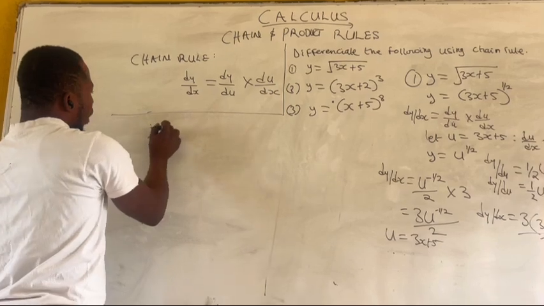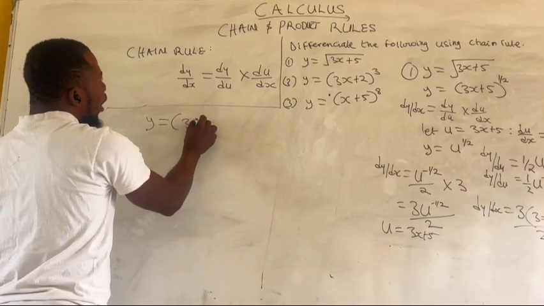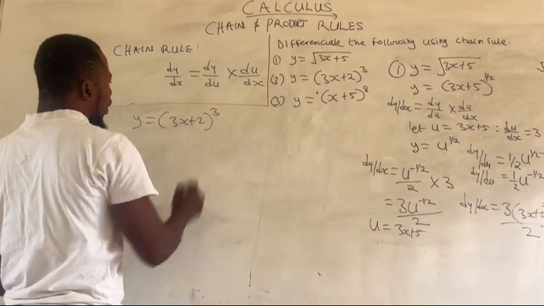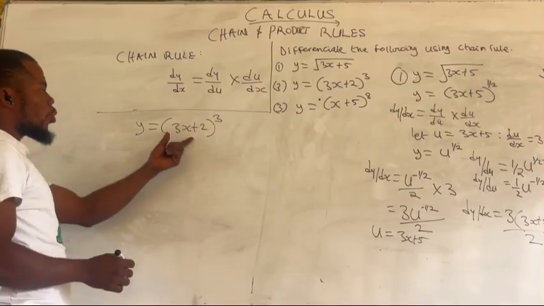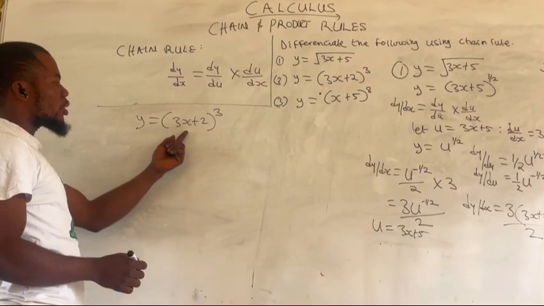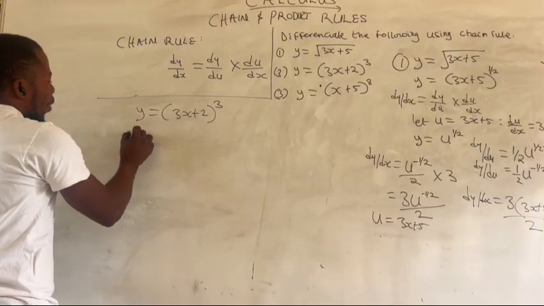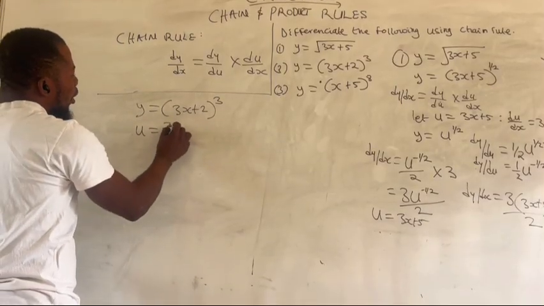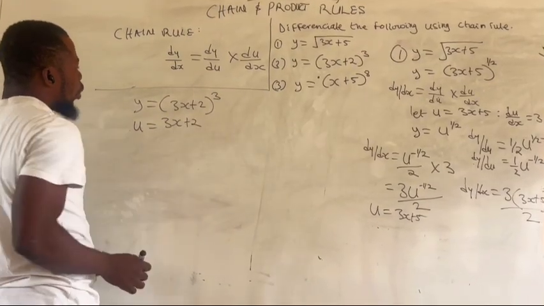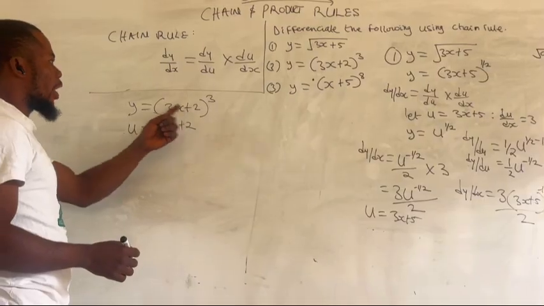Question 2 is y equals 3x plus 2, raised to the power of 3. From here, so that we make the solution easier, we'll substitute the function with x with u. So here our u will now be equal to 3x plus 2, because it is the linear function that has x.